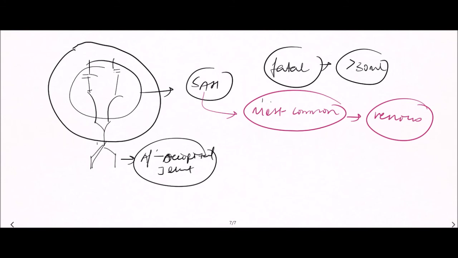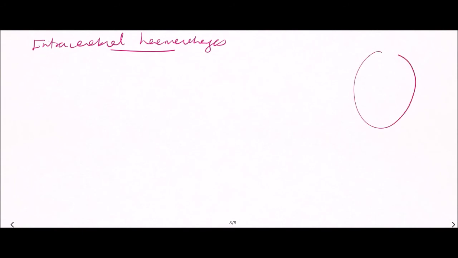Now, something about intraparenchymal, intracerebral hemorrhages. They may be found on the surface or in the substance of the brain. These kinds of hemorrhages can be seen on the surface of the brain or in the parenchyma of the brain.